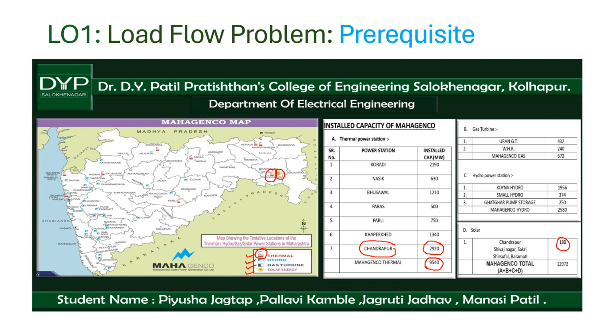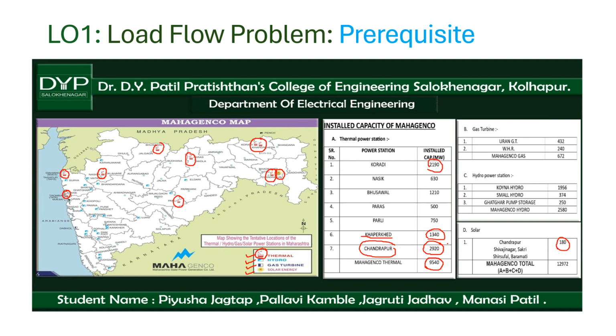In Koradi and Khaparkheda we have two thermal power stations: in Koradi 2,190 megawatt, and in Khaparkheda 1,340 megawatt. We have others in Akola, Bhusawal, Parli, Tarapur, Mumbai, which is the Tata thermal power station, and also one in Nashik.